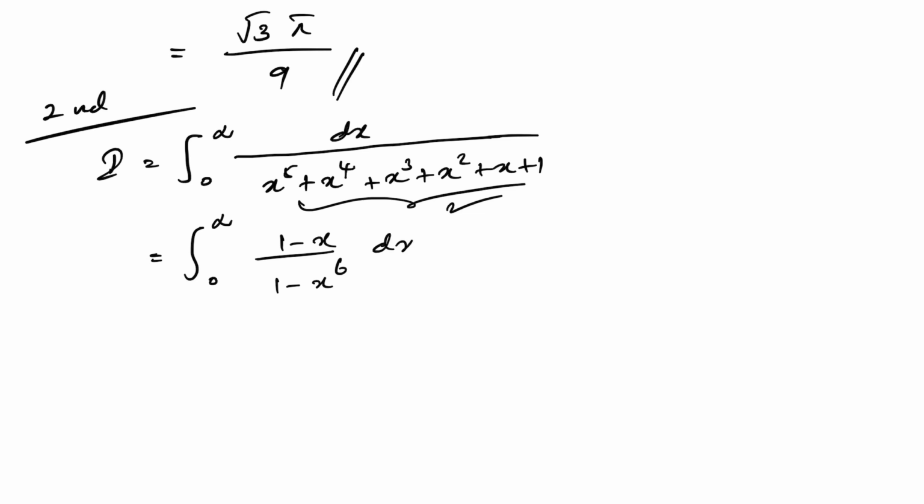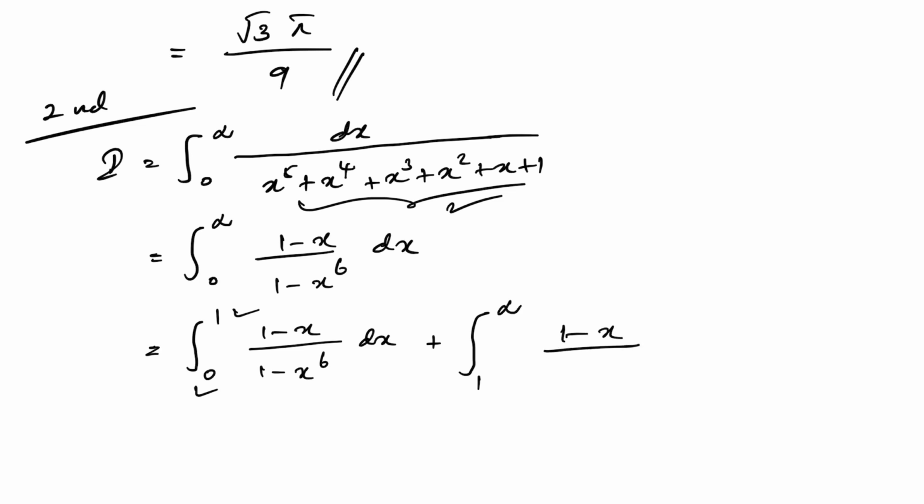Okay, then now here the limit is 0 to infinity, so I'm going to break the integral into the integral from 0 to 1 of (1 minus x) over (1 minus x to the 6th power) dx, plus the integral from 1 to infinity of (1 minus x) over (1 minus x to the 6th power) dx.